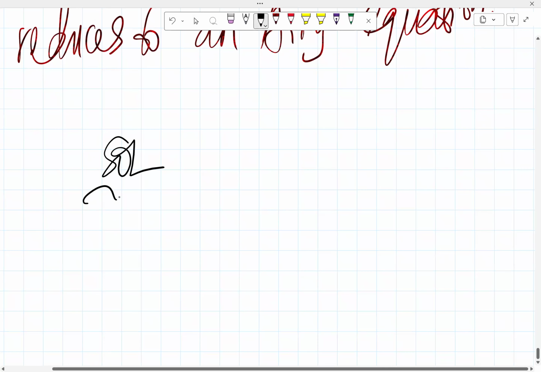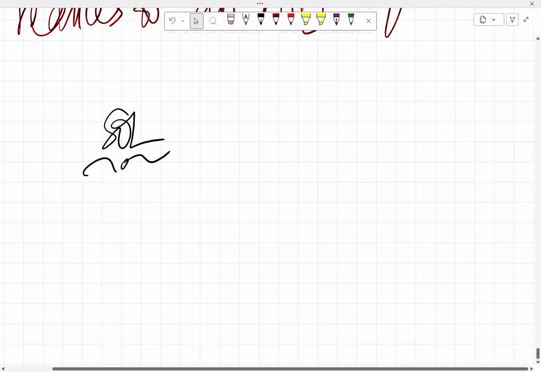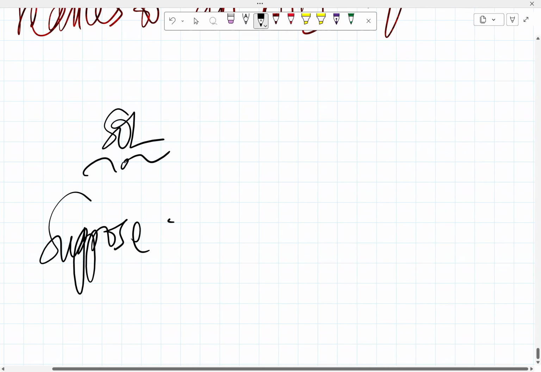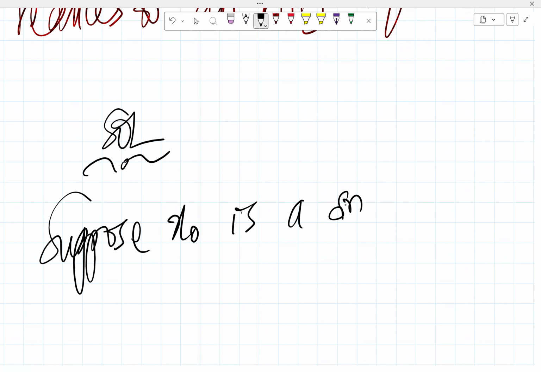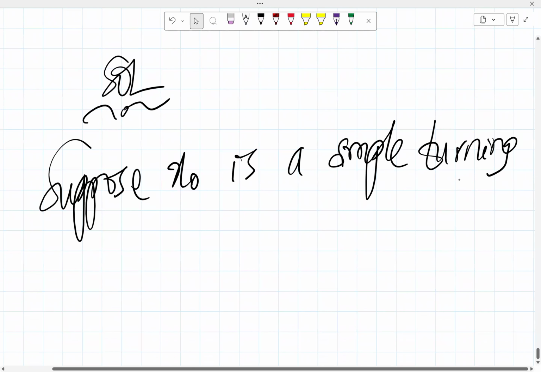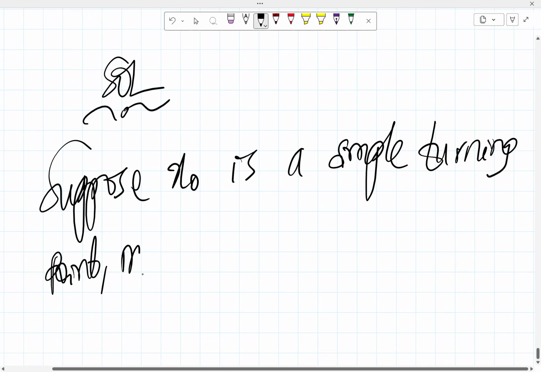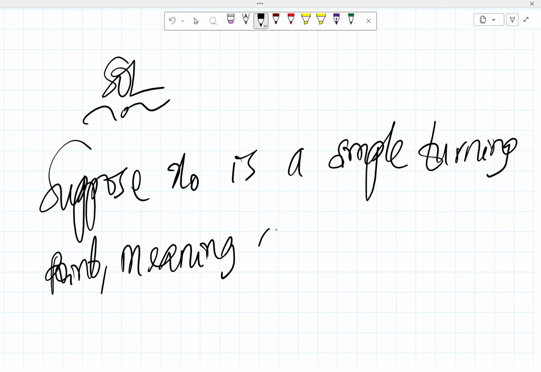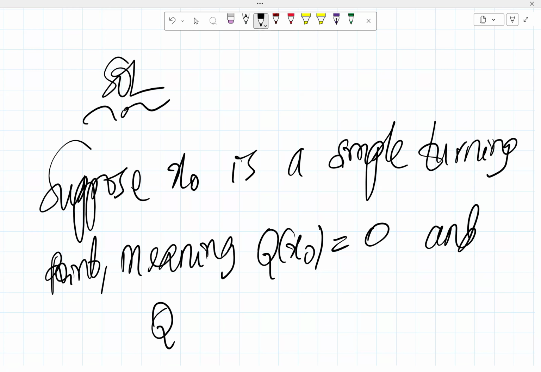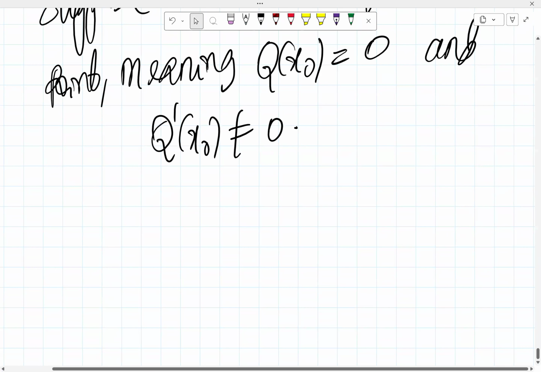So the solution now. First, we expand near the turning point. Suppose x0 is a simple turning point, meaning q(x0) is equal to 0 and q'(x0) is not equal to 0.